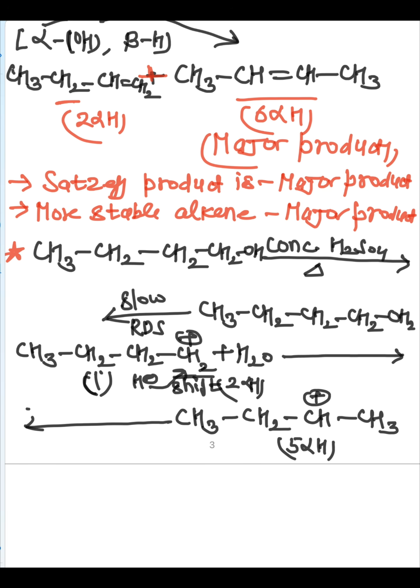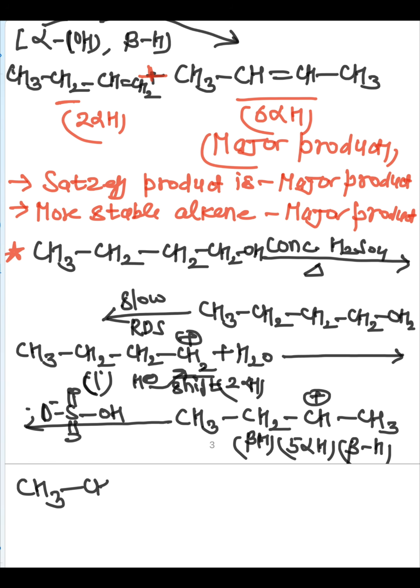Now base, the conjugate base of a strong acid, conjugate base of H2SO4, जो इनमें से किसी भी बीटा, ये भी आपका बीटा एच है और ये भी आपका बीटा एच है, इनमें से किसी भी बीटा एच से हाइड्रोजन एच लेकर जाएगा बेसिकली. Let's see, bond CH3, you will see which is the major product.